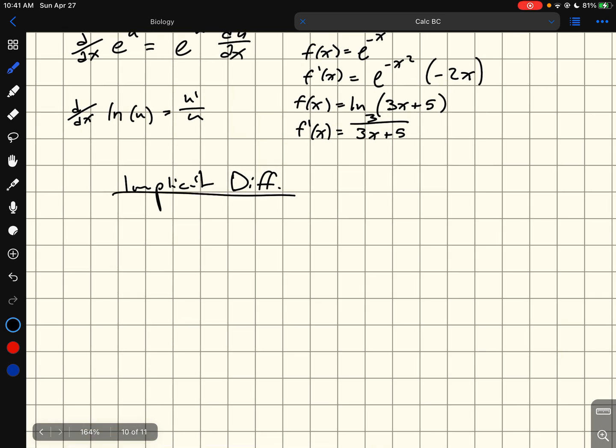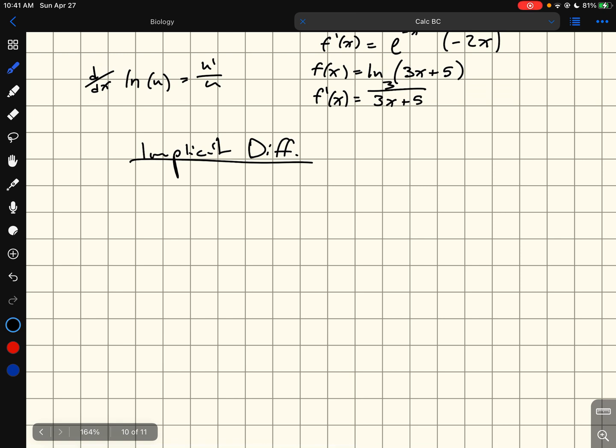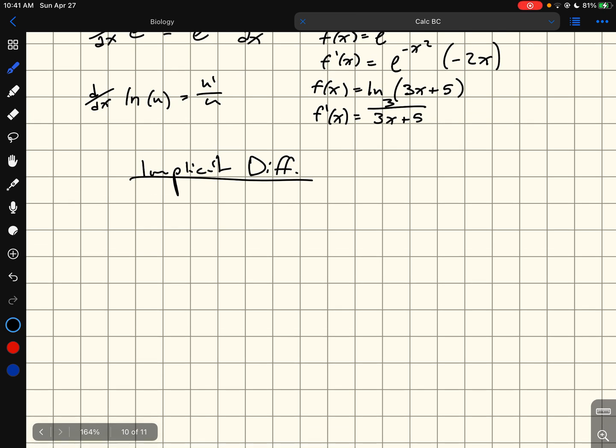It's kind of similar to how we separate variables when we want to solve some question. Oh, but that's like the opposite of implicit differentiation. Okay, so generally, the question is going to ask you to find dy dx.